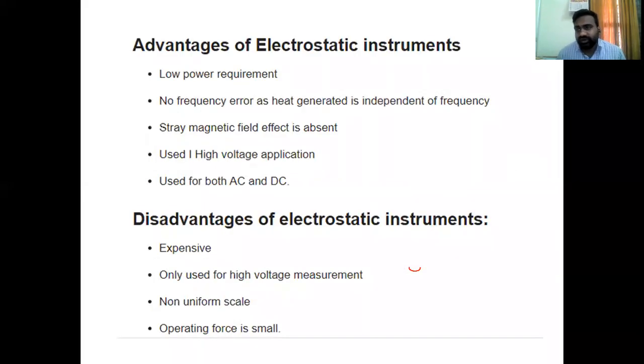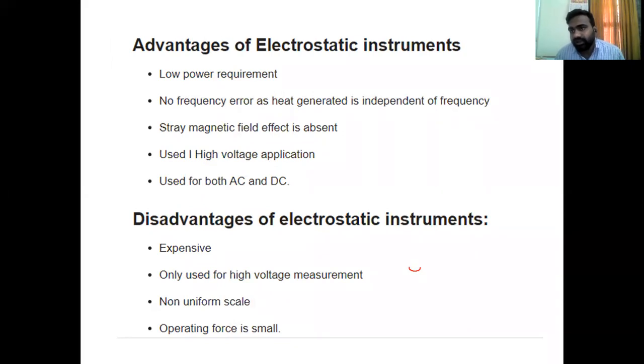In the previous class we also discussed some advantages of electrostatic voltmeters. The power requirement is very less. There is no frequency error. There is no magnetic field behavior, so stray magnetic errors are absent.